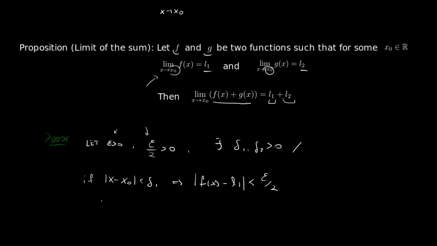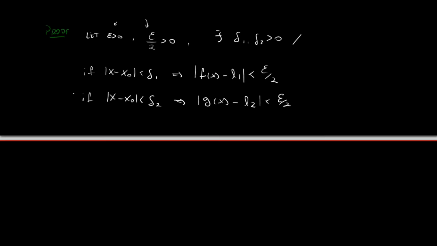And using the definition of the limit for g, we have that if the absolute value of x minus x0 is smaller than delta 2, then the absolute value of g of x minus the limit L2 is again smaller than epsilon over 2. And as we've done previously, we're going to take delta as the minimum between delta 1 and delta 2.